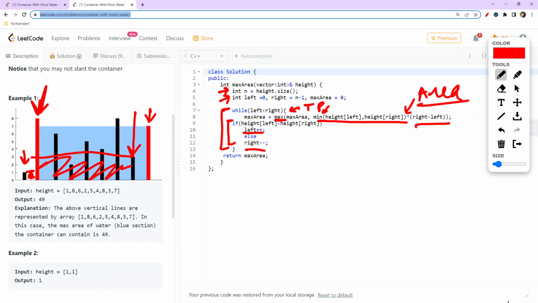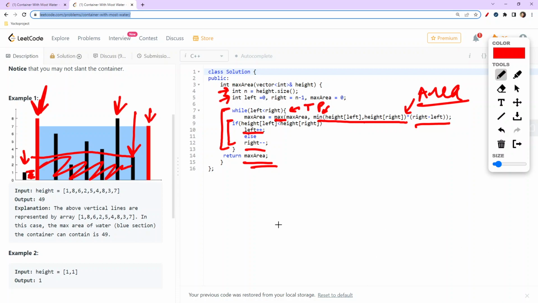This one, the previous one stored, or the new one. It would be this one only, right? So even if we go ahead after checking this, it will again move ahead and so on. So the maximum area which was stored at the second point only will be our final answer. So at the end, we would be returning our maximum area.